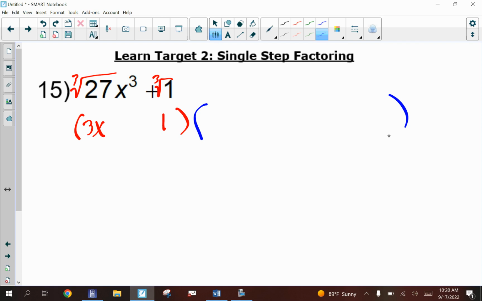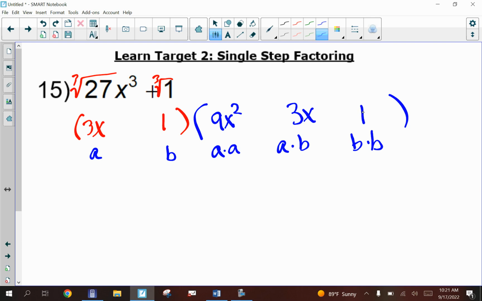The way you build those 3 terms is from these first 2. If this is the a spot and this is the b spot, this next spot would just be a times a. So 3x times 3x would give us 9x squared. The middle spot is a times b. So a times b would be 3x times 1, so that's 3x. And then that last spot would just be b times b. 1 times 1 is 1.